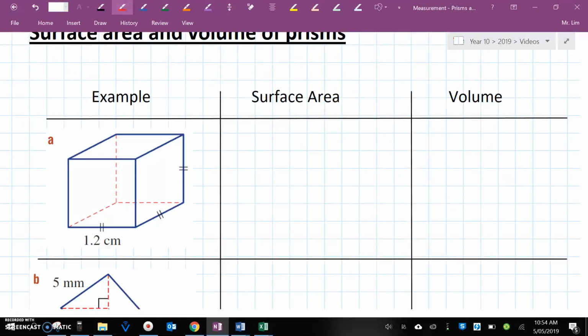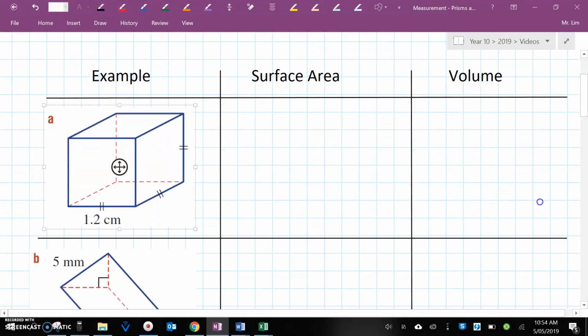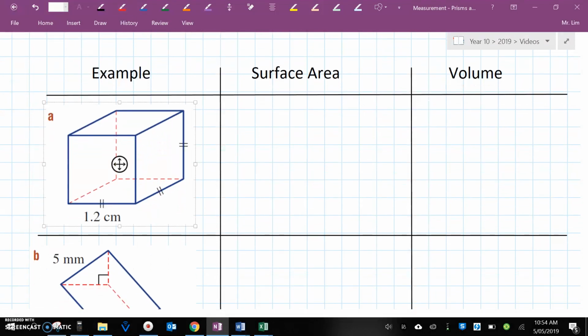What's special about a cube is that every face has the same area. So when working out the surface area of a cube, we just need to multiply 6 by the area of one side. The face is a square.